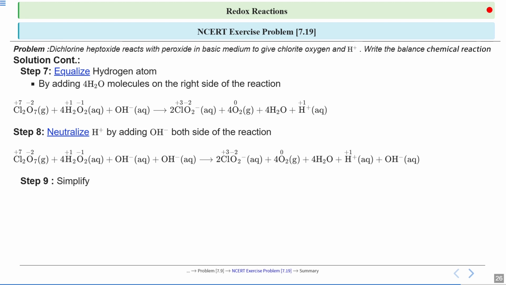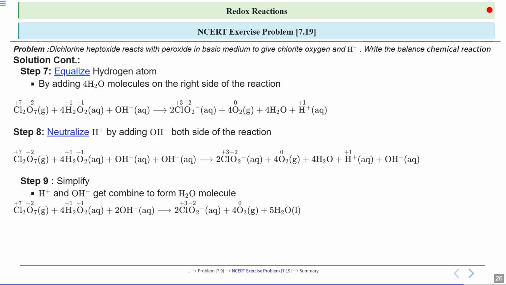And now step 9, to simplify this equation. After simplifying, we can clearly see here that 1 H⁺ and 1 OH⁻ will combine to form a water molecule. So we will write the reaction accordingly: Cl2O7 + 4H2O2 + 2OH⁻ gives 2ClO2⁻ + 4O2 + 5H2O.